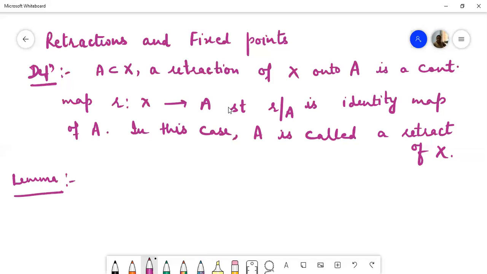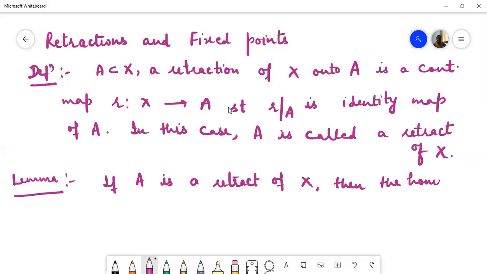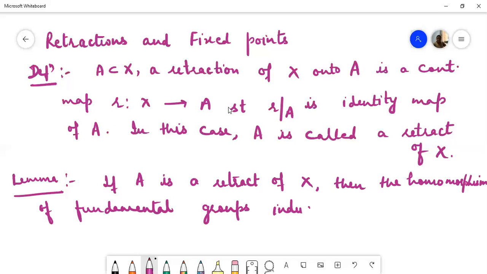If A is a retract of X, then the homomorphism of fundamental groups induced by the inclusion map is injective.